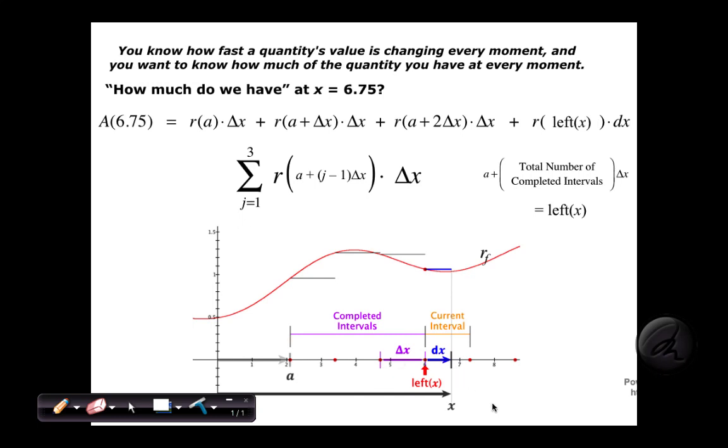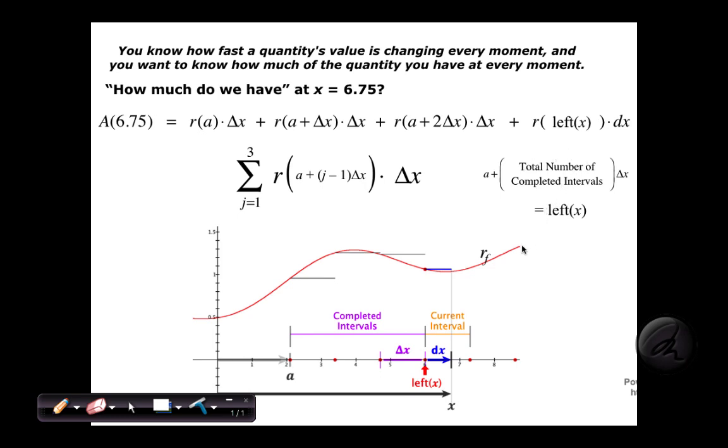So left of x is always the left end of the interval that x is currently in, in addition to being a way to express just this a plus whole number of intervals that we've gone past times delta x. This is a way we can compute it if I can express how many whole intervals there are.